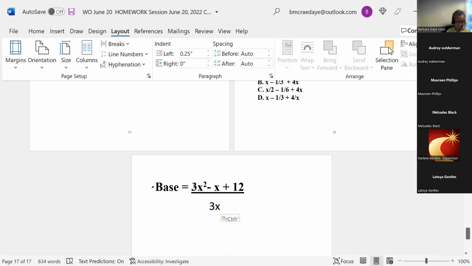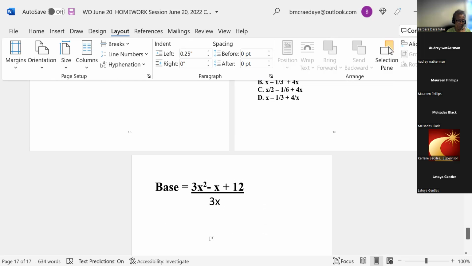I cancel out the 3x. How did you cancel out a 3x? 3x and 3x, and I was left with x squared. Okay, so you cancel 3x and 3x. That can cancel out.